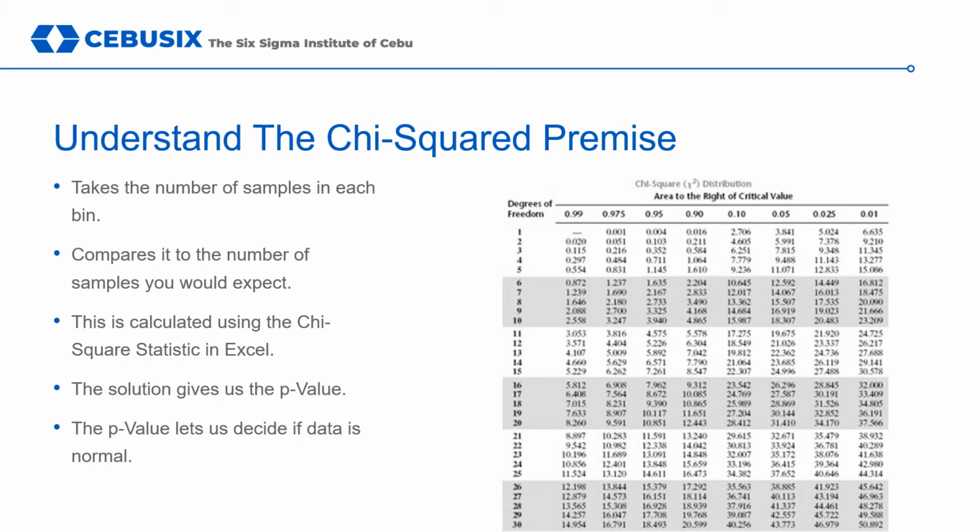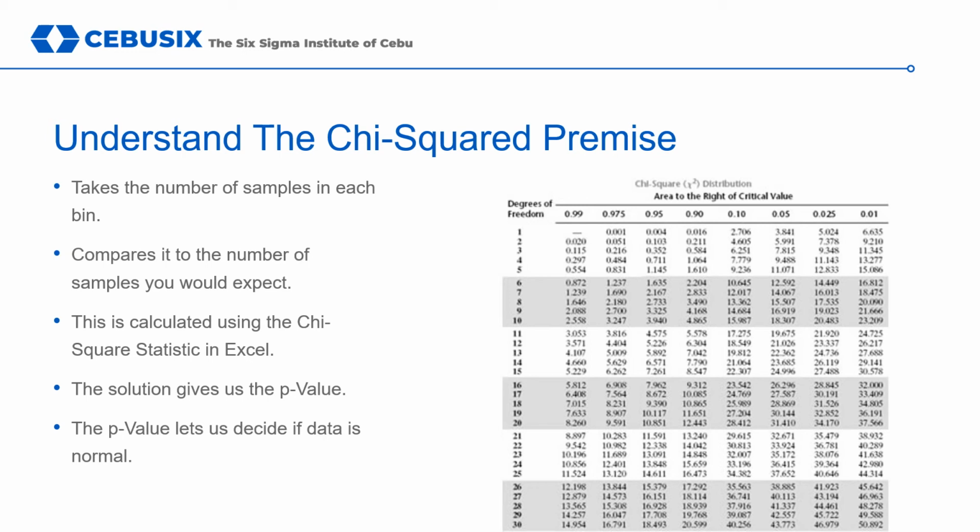Basically, the chi-squared goodness of fit test takes the number of samples in each bin on the histogram and compares that to the number of samples you might expect to find in each bin given a normal curve. Using the actual number of samples in each bin and the expected number of samples, we can calculate what is called the chi-square statistic in Excel.